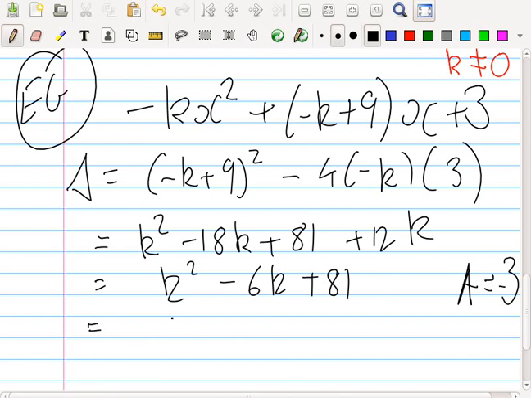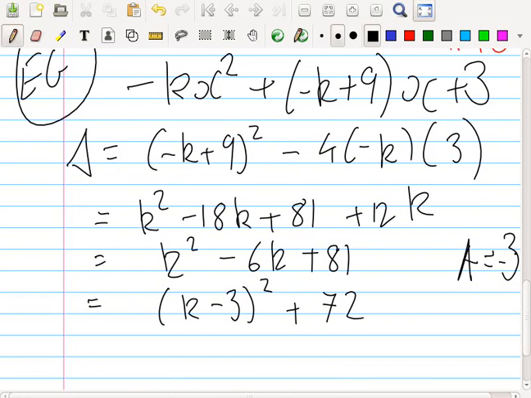So here I get k minus 3 squared. And then I have to do 81 minus this squared. 81 minus 9? 72. Now looking at this, will this be positive, negative, or 0?